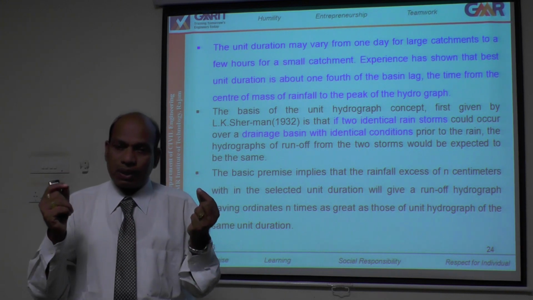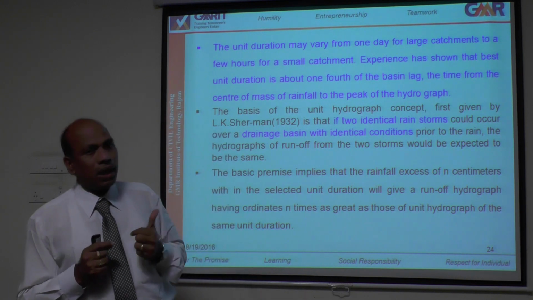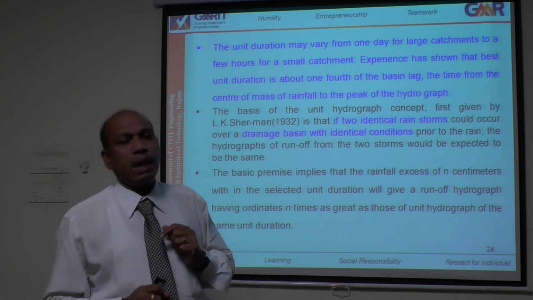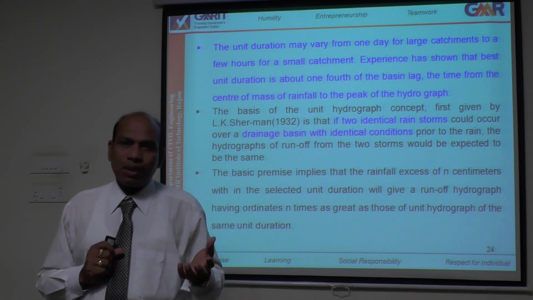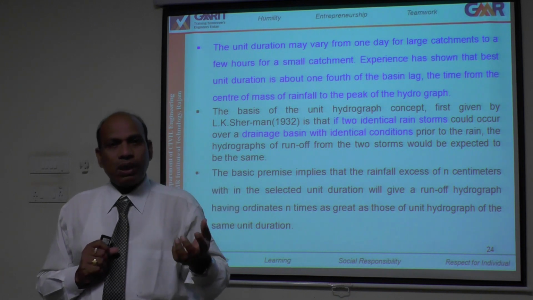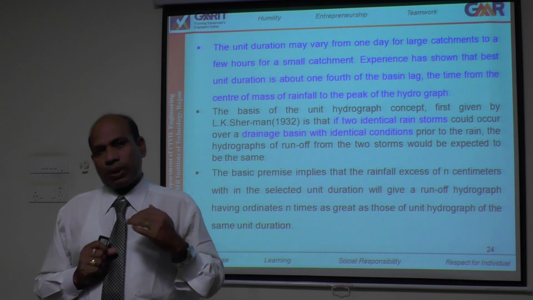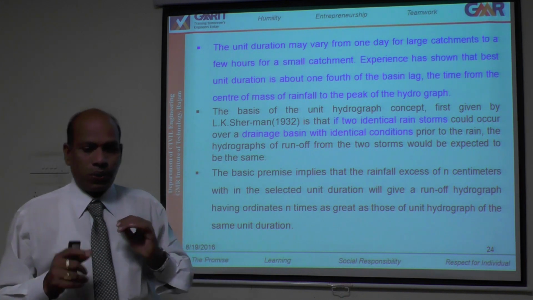This is the basin lag. Generally, if it is not given in your problem, then you take the unit duration as 1/4 of the basin lag. This is about unit duration.